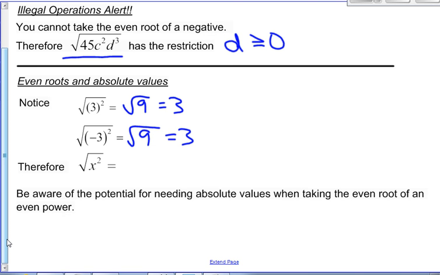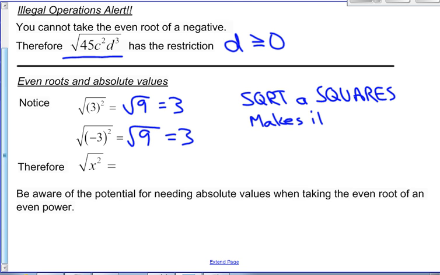So notice, square rooting a square makes it positive. And there's a symbol for that called absolute value. Turns everything positive. So we say that the square root of x squared would not be x. It would be the absolute value of x.